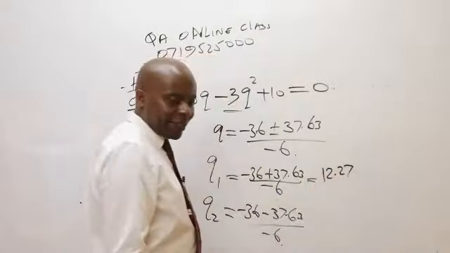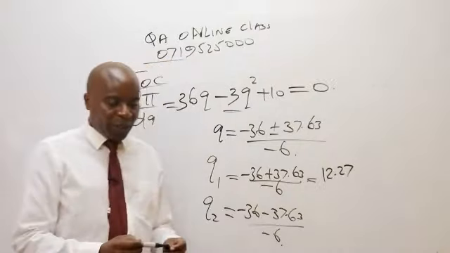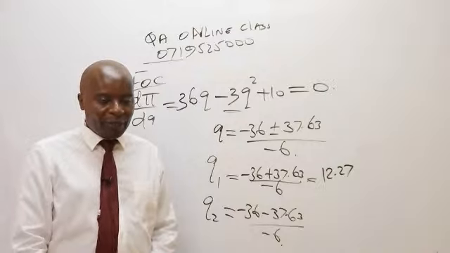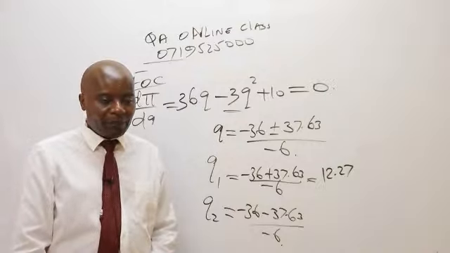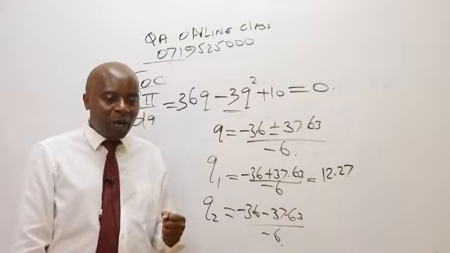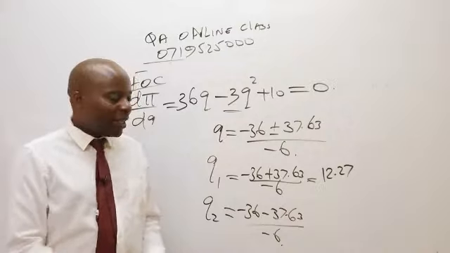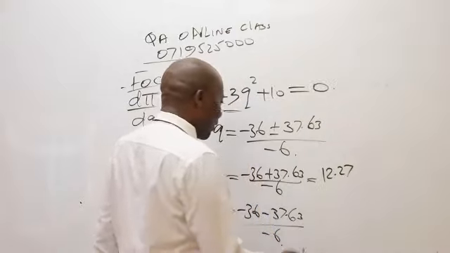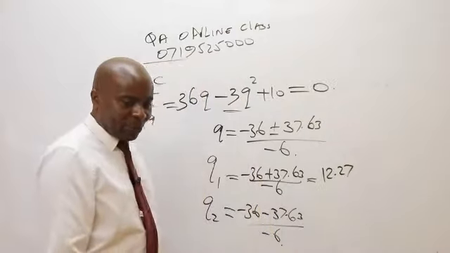12.27. I would want another person also confirming the same. Can another person confirm this for us? So as we finish, let's finish with power. Nancy is saying that one of them is supposed to be minus 0.27.